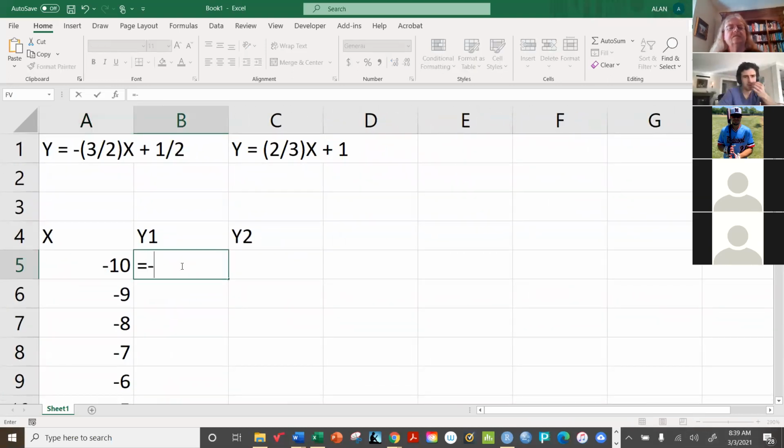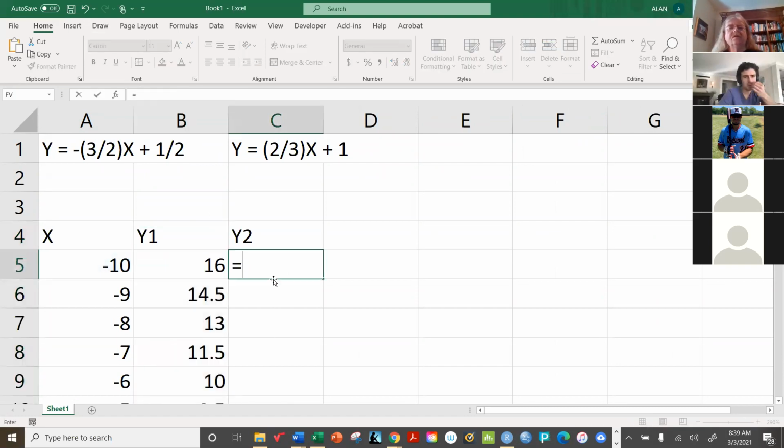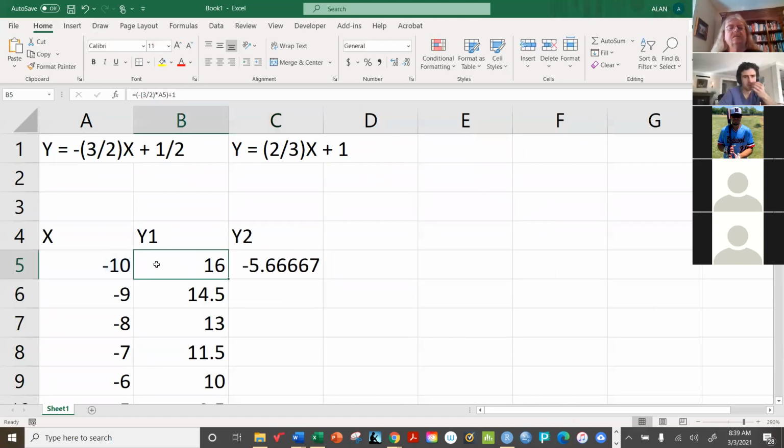Then y2 is 2/3 times this number plus 1. Oh, I screwed it up. This is 1/2.